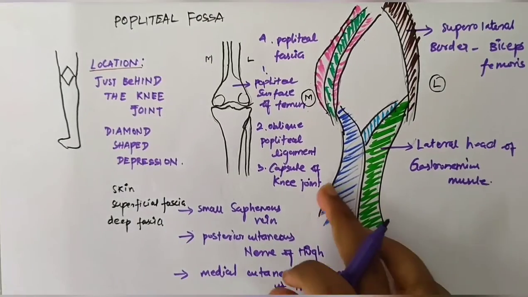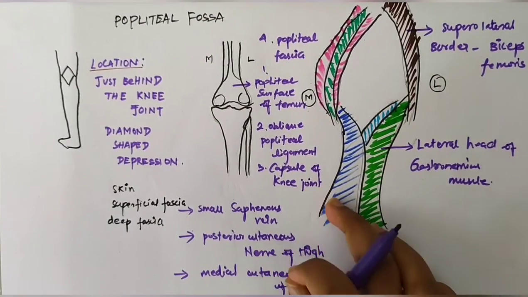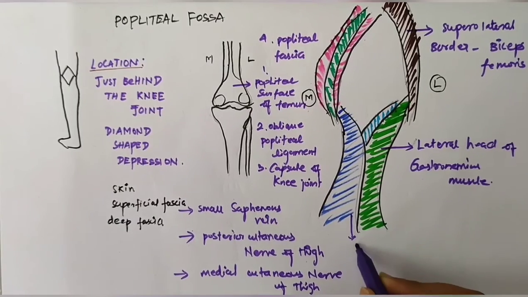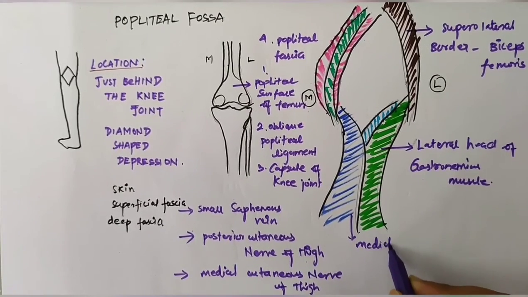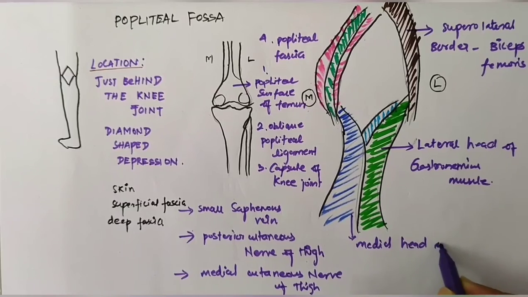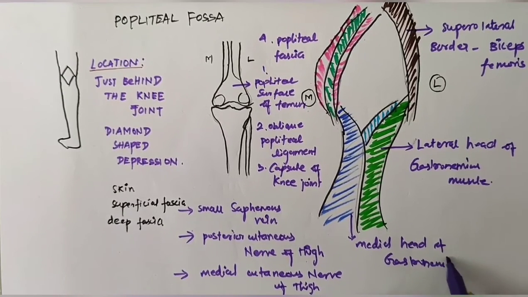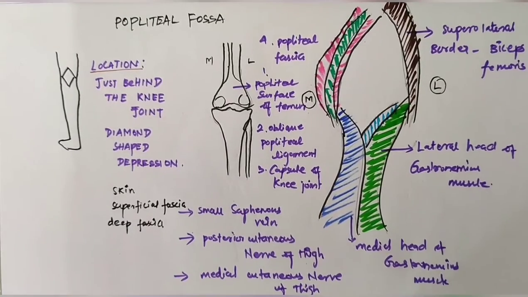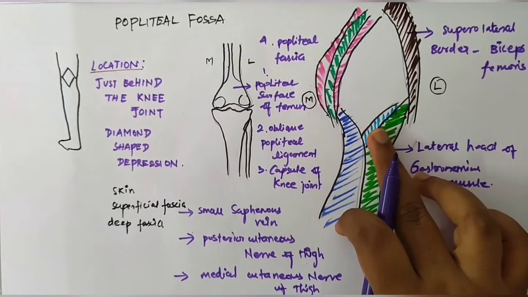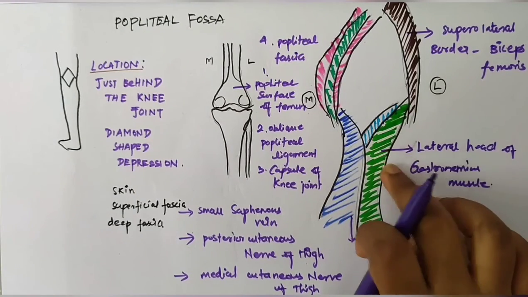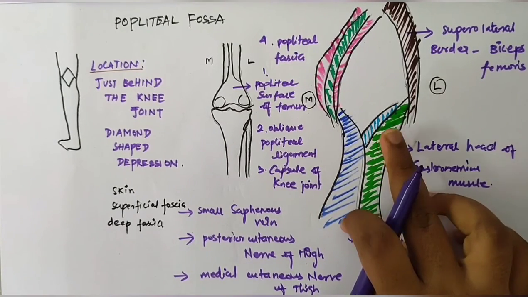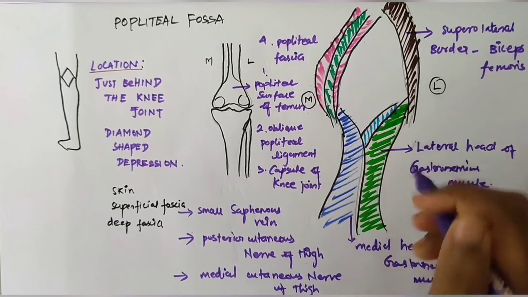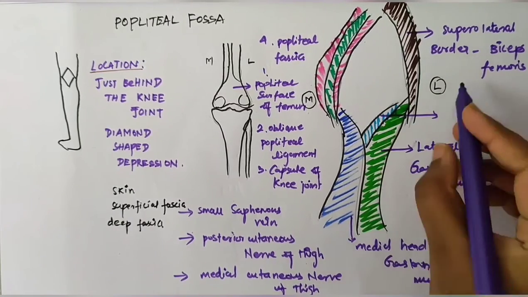And the inframedial border is formed by the medial head of gastrocnemius muscle, and this infralateral border is also formed by the plantaris. This is the plantaris muscle.